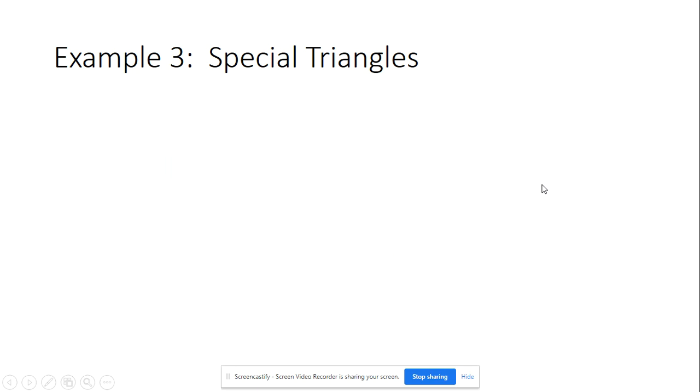All right, example 3, we'll call special triangles. What we're going to do over here is we have two triangles we need to have memorized. Here's one of them.